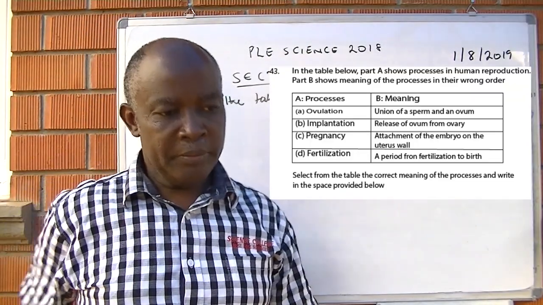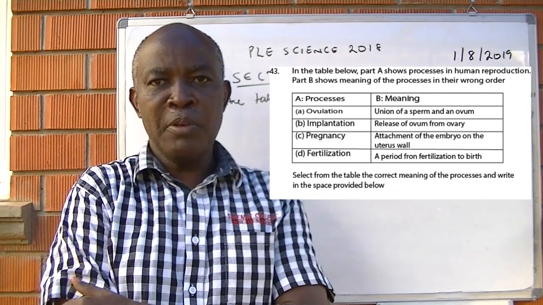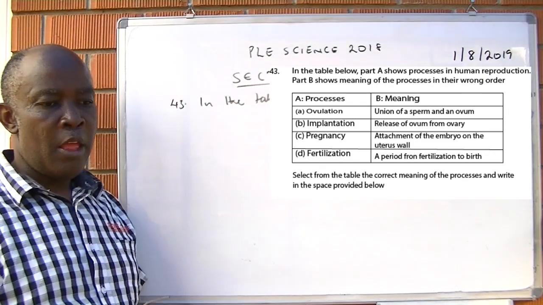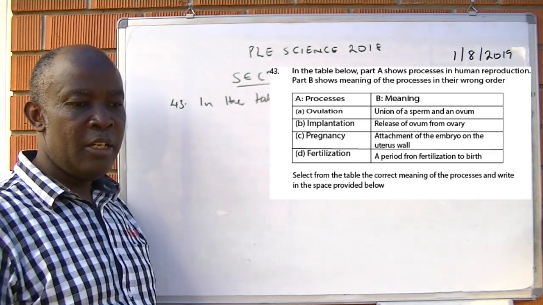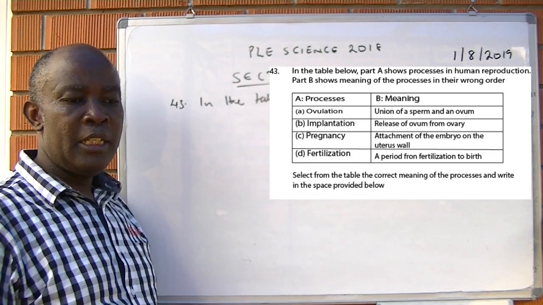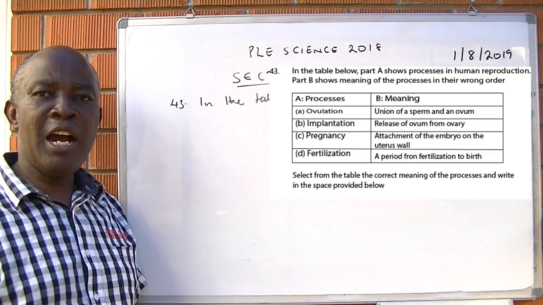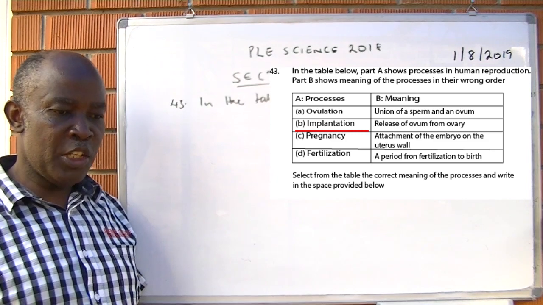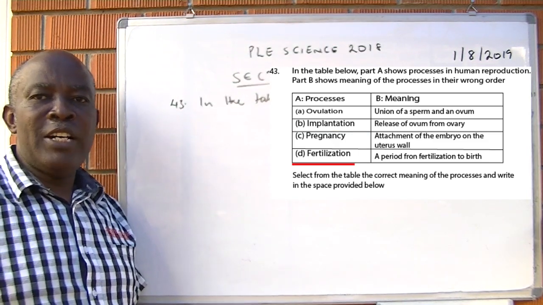Number 43, the table below. Part A shows the processes in human reproduction. Part B shows the meaning of the processes in the wrong order. Part A we have A ovulation, B implantation, C pregnancy, D fertilization.